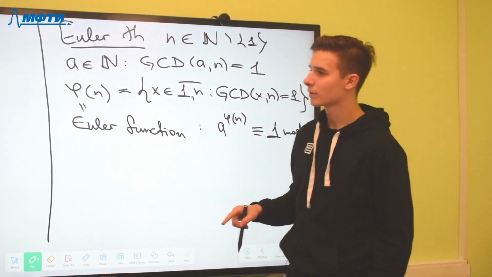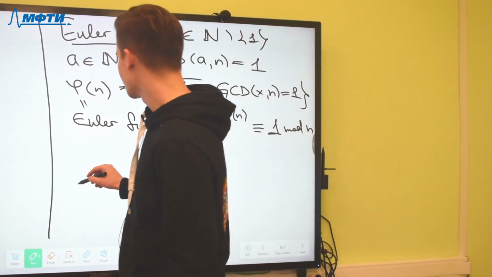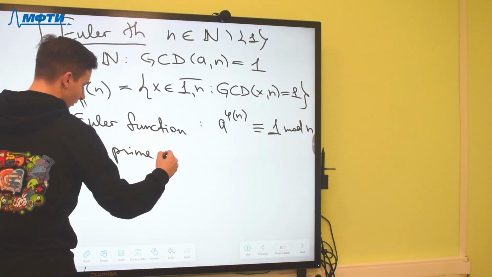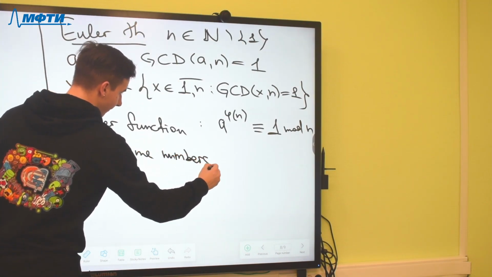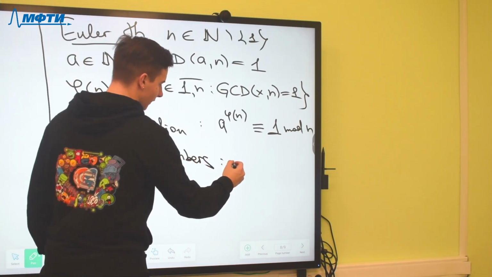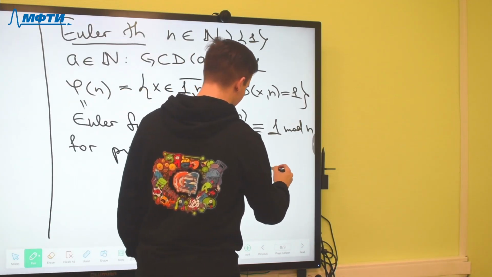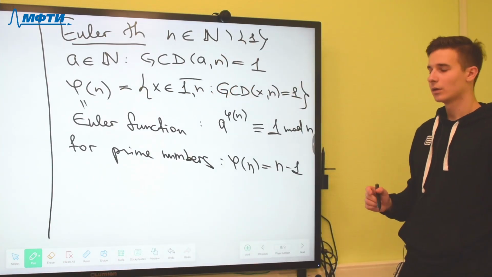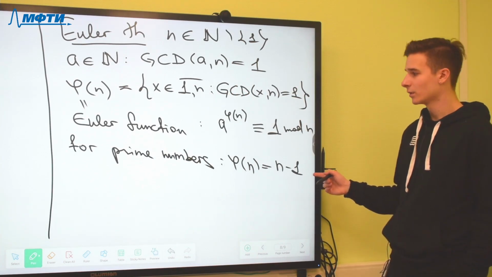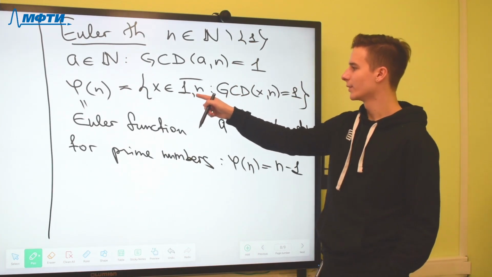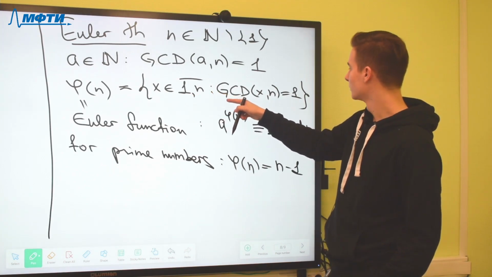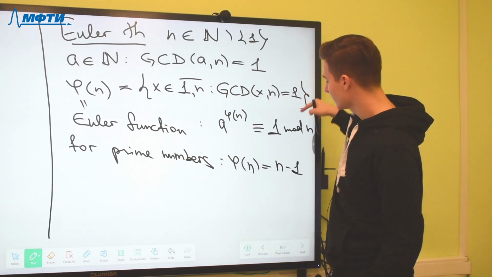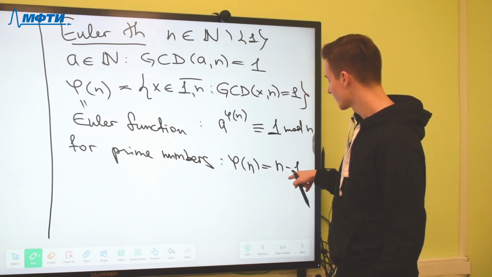And of course, for prime numbers, we have that phi of n is n minus 1. Is it understandable that every number from 1 to n minus 1 satisfies this equation, and then we say that this function is equal to n minus 1?